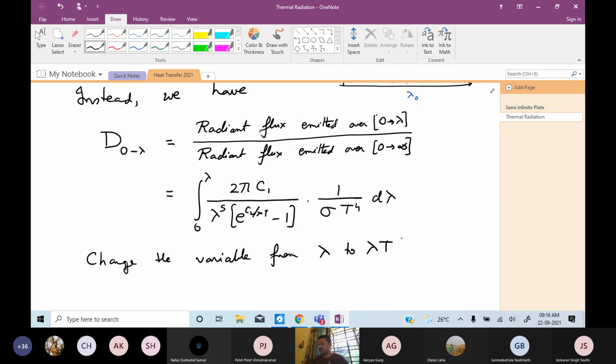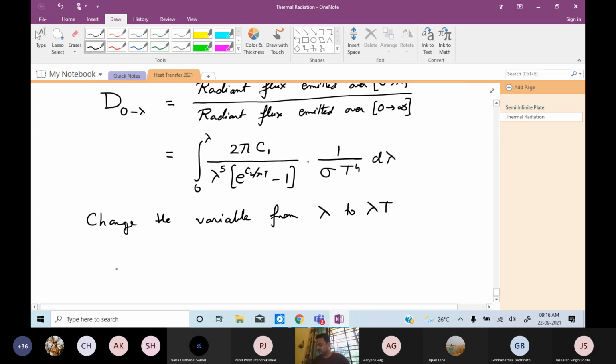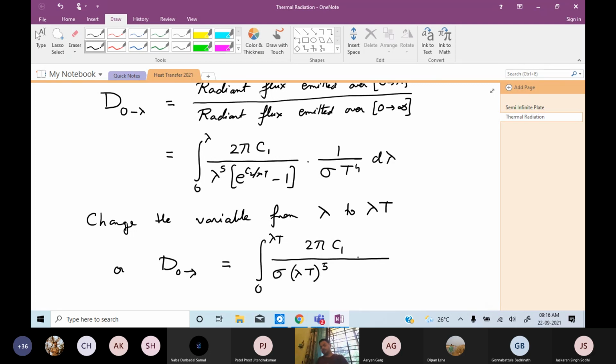So this essentially becomes simpler. So I can write D 0 to lambda equal to the integral from 0 to lambda T of 2 pi c1 divided by sigma lambda T to the power 5. Because we had lambda to the power 5 and T to the power 4, we need an additional T.